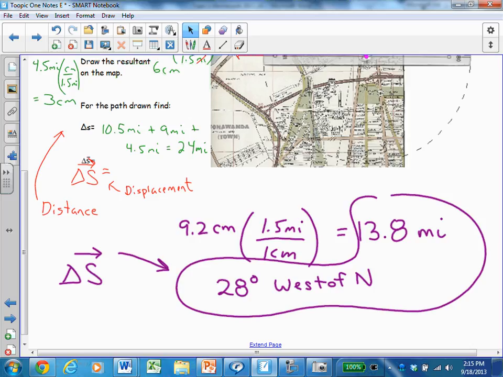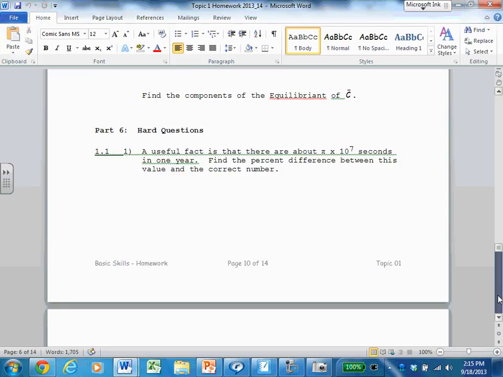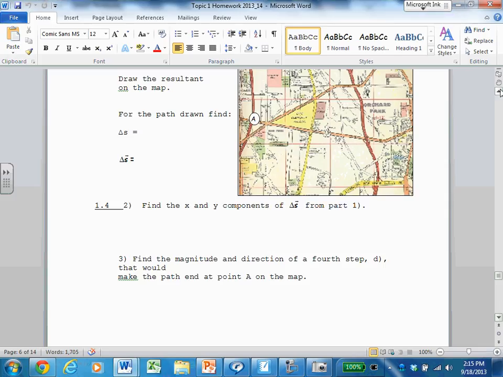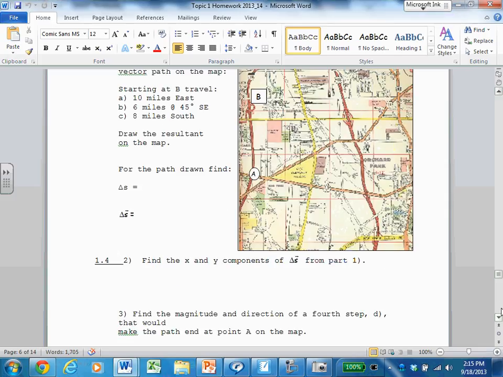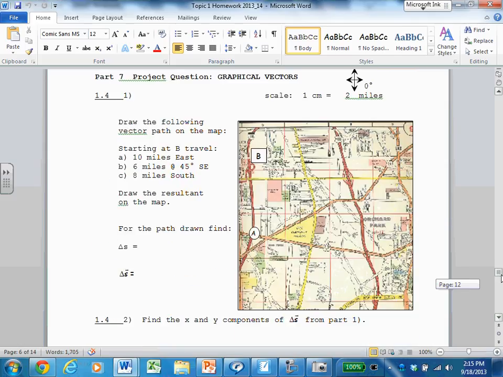Well, I have to look on this because it's different. So it should be like 13 in that range, or maybe 14. Oh, here it is. 12 of 14.